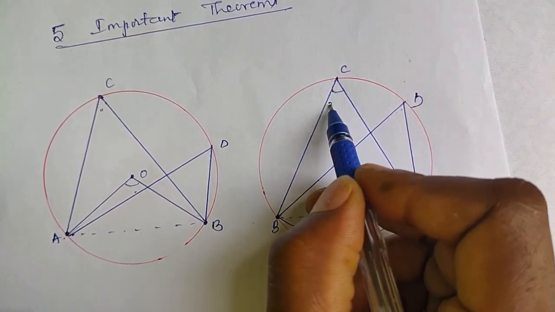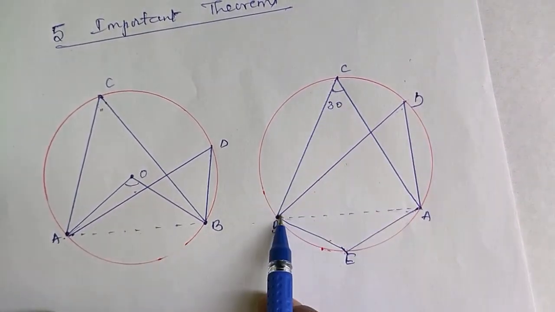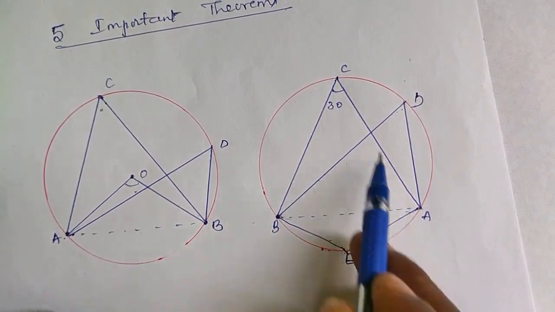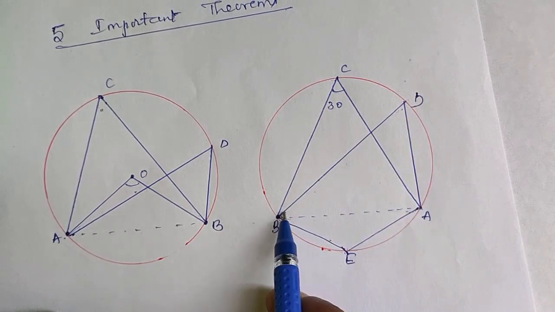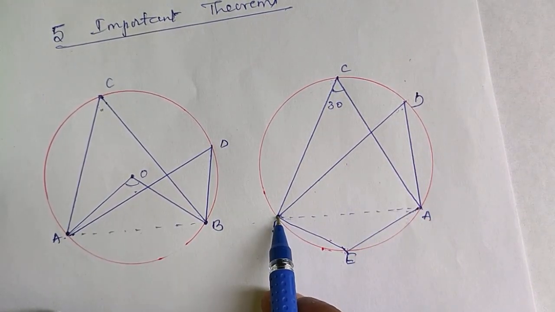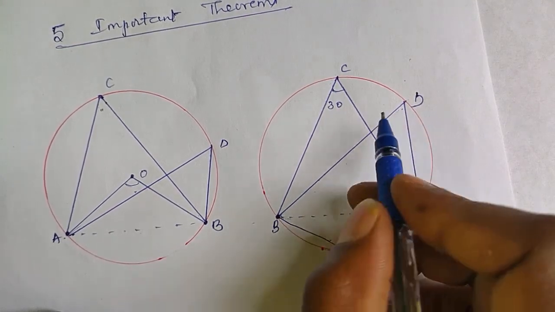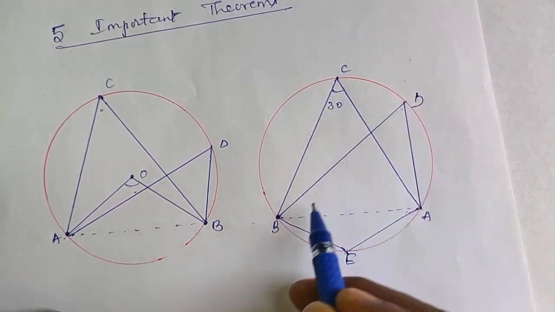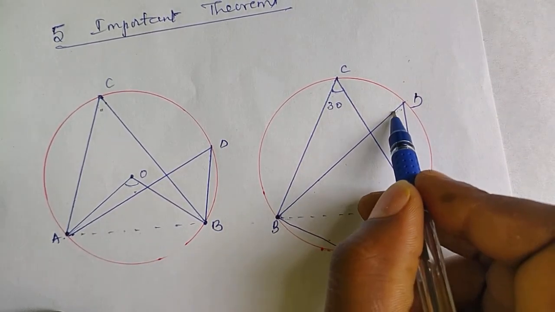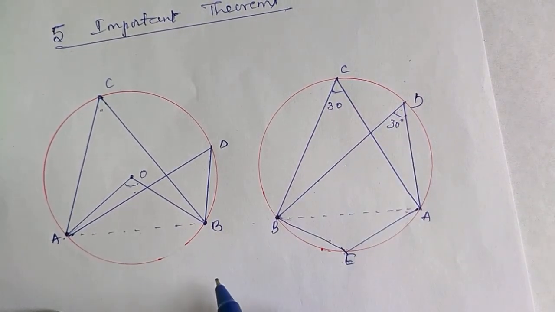Suppose angle C is 30 degrees. Angle C is constructed from the A end and the B end. Angle D is also standing on the AB chord, constructed from A and B points. Therefore both are measured to be the same.